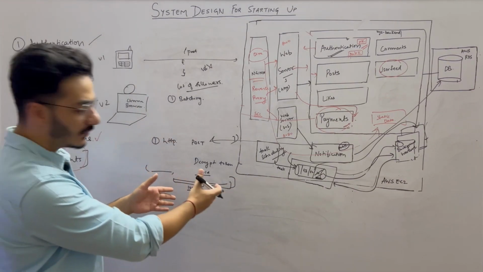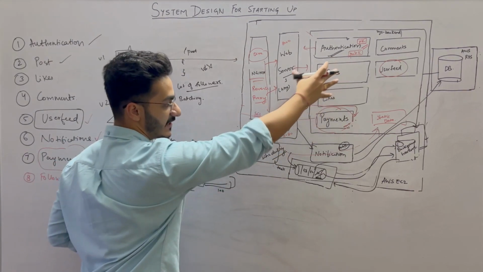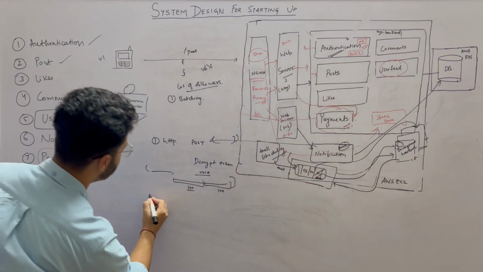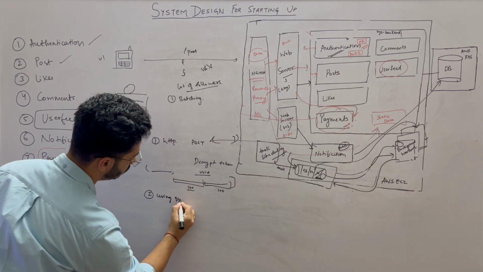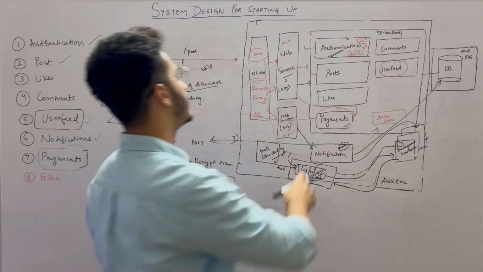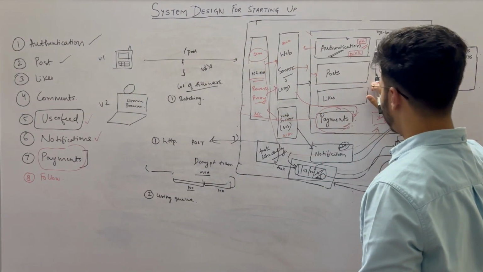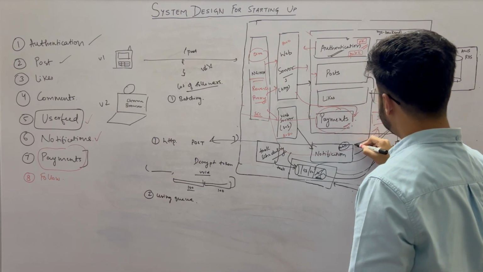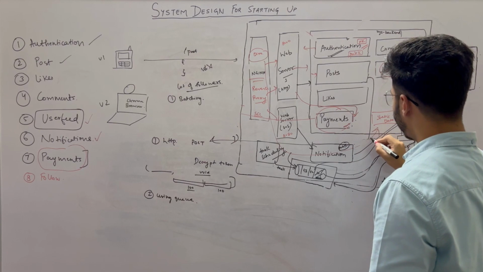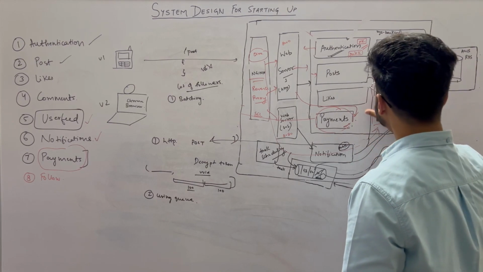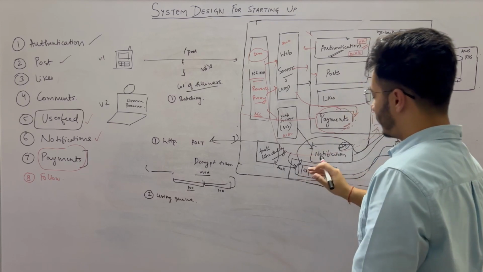Before we talk about this, let's talk about another way through which this post service can communicate with this notification part. The second way is basically using a queue. This user has created a post, so instead of directly communicating with the notification service, the post service can send that task to a queue.